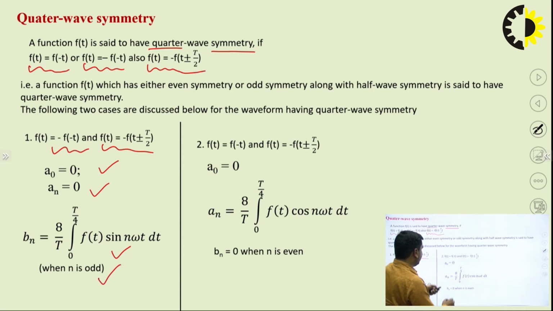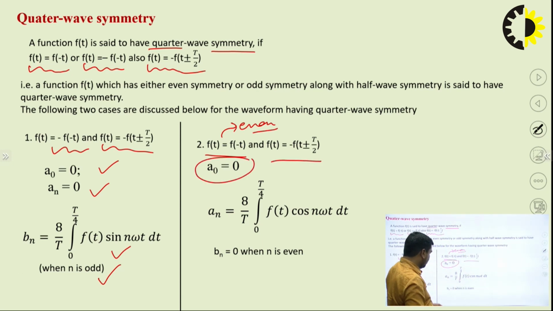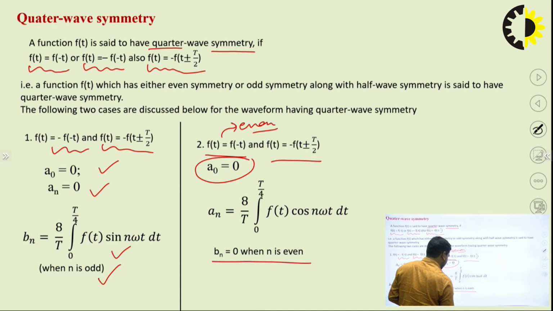And here f(t) equals -f(-t), that is considering even and half wave. Then the value of a0 becomes 0 and bn is also 0, and for n odd the value of an becomes 8 upon T, integral from 0 to T/4 of f(t) cos(n omega t) dt.